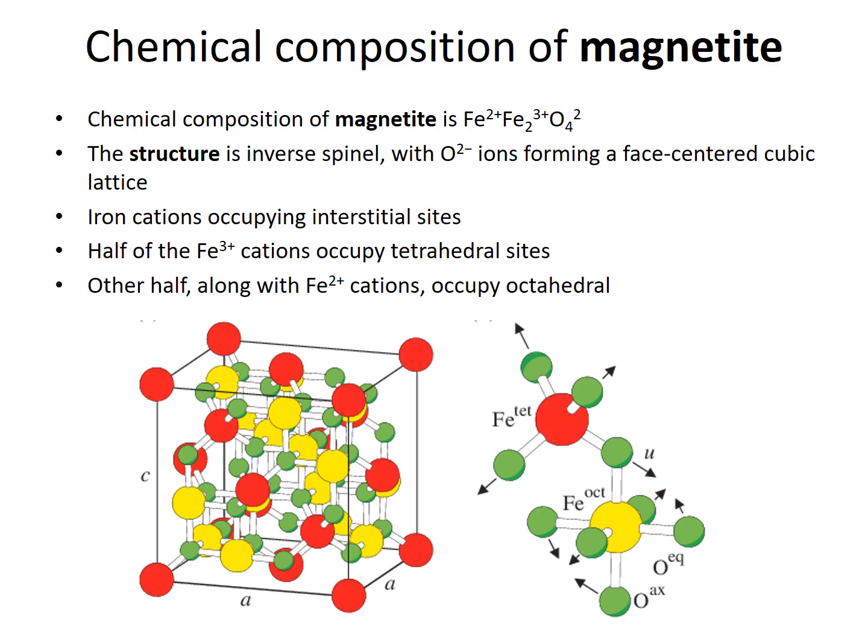The structure is inverse spinel with oxide ions forming a face-centered cubic lattice and the iron cations occupying interstitial sites. Half of the iron 3+ cations occupy tetrahedral sites, while the other half, along with the iron 2+ cations, occupy octahedral sites.